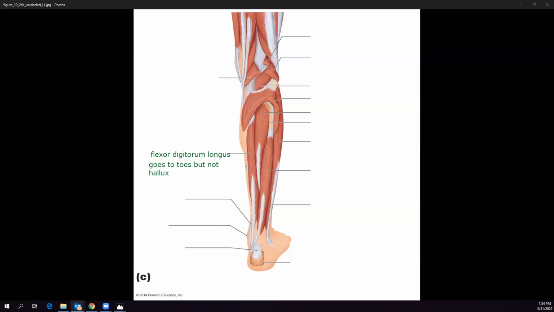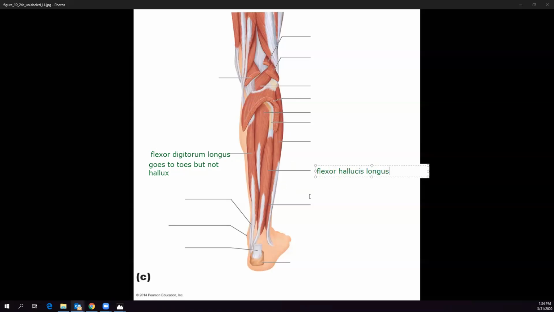And so we need it to have a lot more force, so we need a longer muscle with a longer tendon. So that's going to be this one over here, and I'm going to draw it in blue in just a minute. This is the flexor hallucis longus.